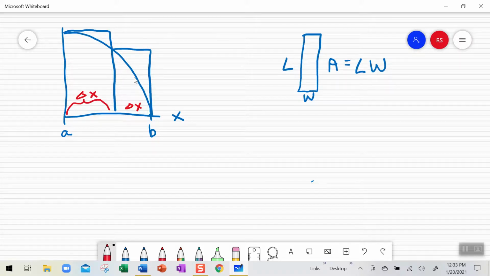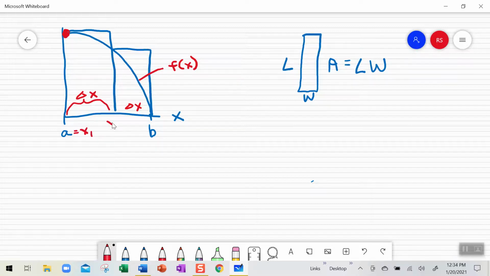And so the curve here, let me write that, is f of x, that's our function. And so it intersects right here. So to find the height of this rectangle, I'm going to find the height at that particular point. Let's just call that x sub 1 right now.